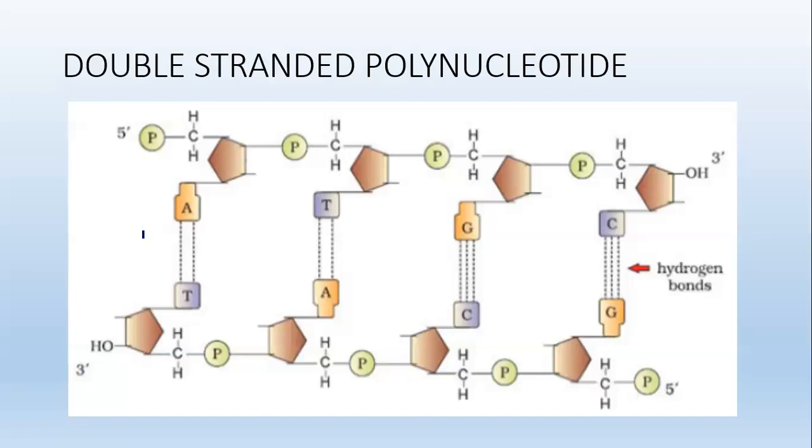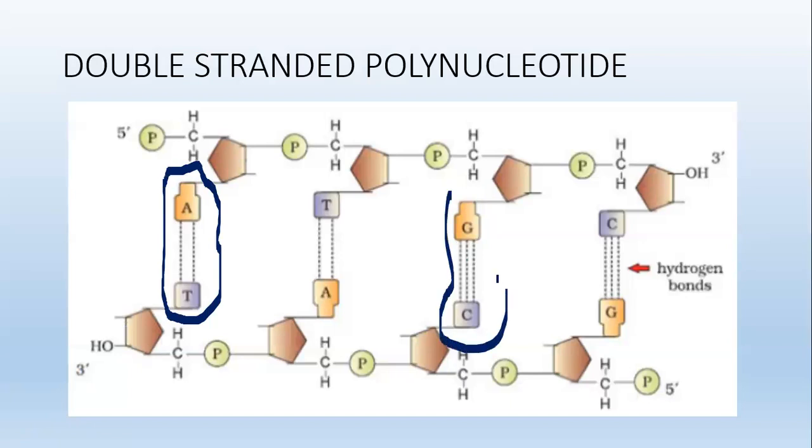Okay, so remember, this is also very important. A and T and G and C, how they are connected with each other. Always remember, A will always pair with T and G will always pair with C. It is not like that A will pair with G, T will pair with C. No, that is not going to happen. You have to remember that A will always pair with T and G will always pair with C.